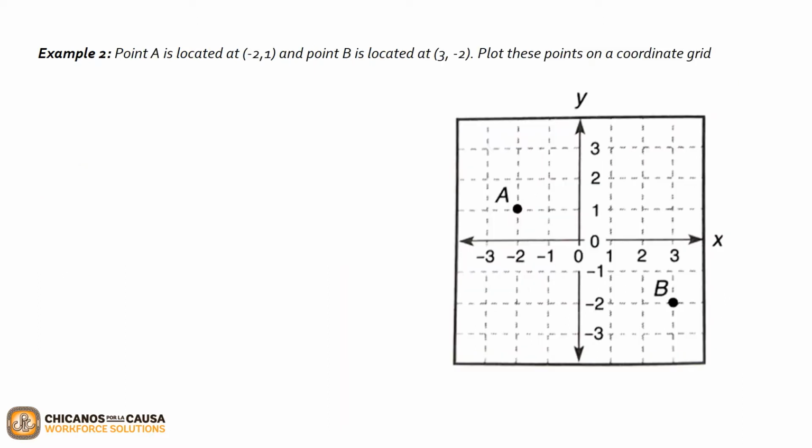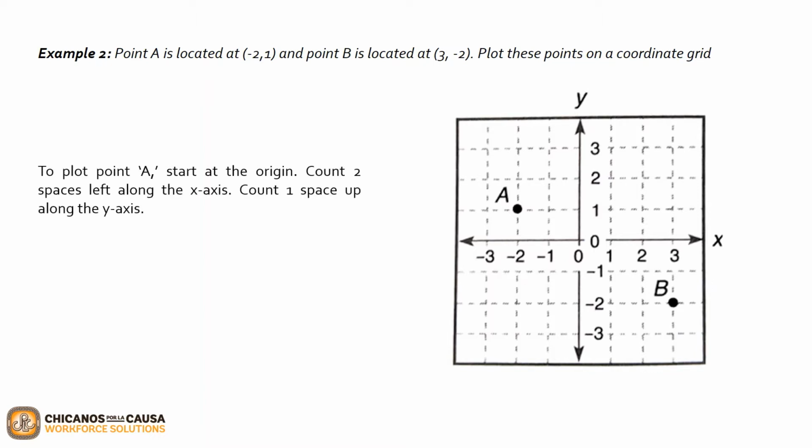Example 2. Point A is located at (-2, 1), and point B is located at (3, -2). Plot these points on a coordinate grid. You can see I already did it for you, but I wanted to go ahead and explain how I got there.